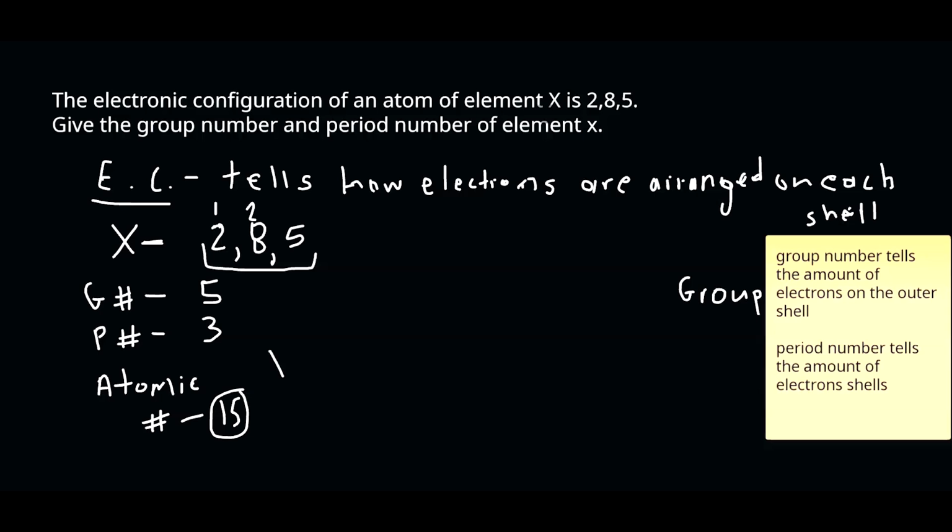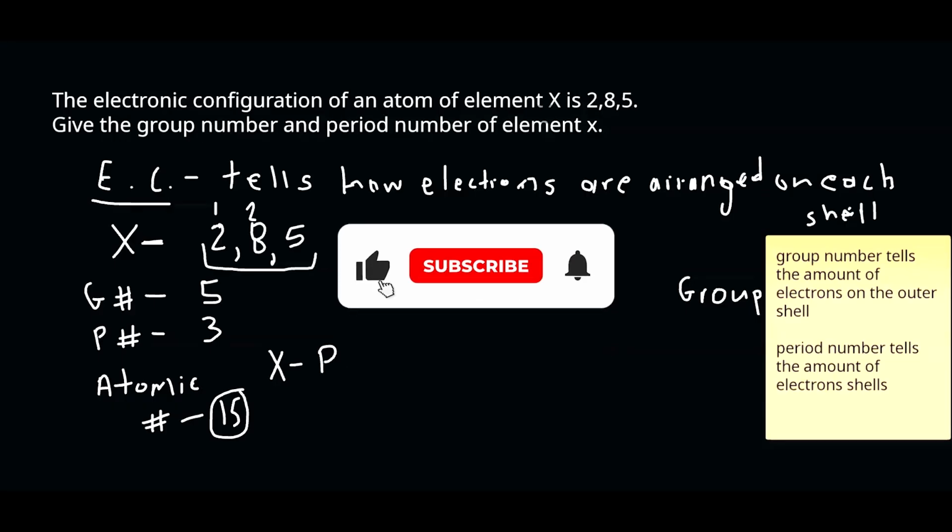Which element has the atomic number of 15? Phosphorus. Good. We're not going to write out the entire name, just the symbol, which is P.